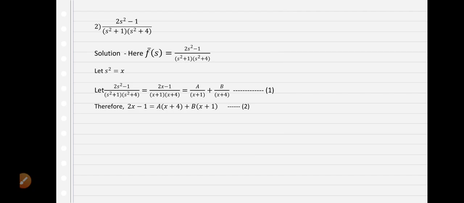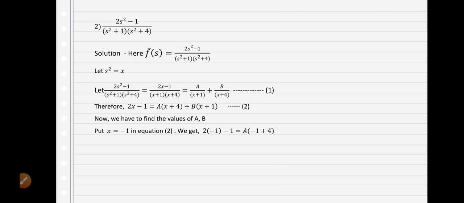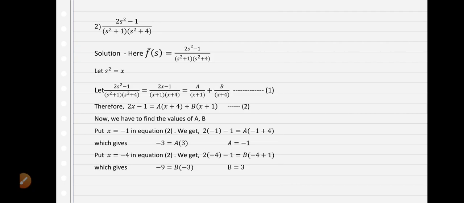Now for values of x as minus 1 and minus 4, you will get the values of the constants a and b. So for x equal to minus 1, you will get the value of a as minus 1, and for x equal to minus 4, you will get the value of b as 3.